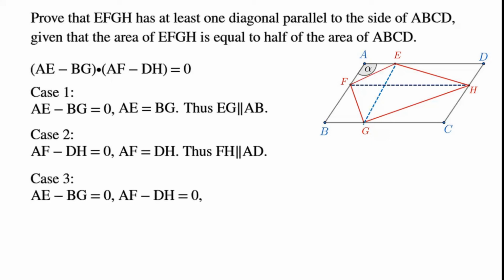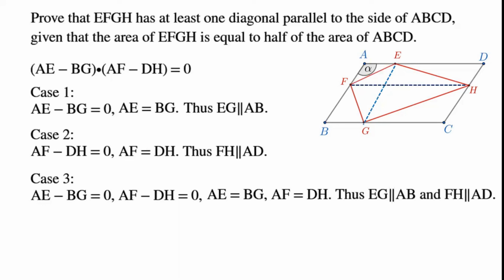Case 3: AE minus BG equals 0 and AF minus DH equals 0. So AE equals BG, AF equals DH.